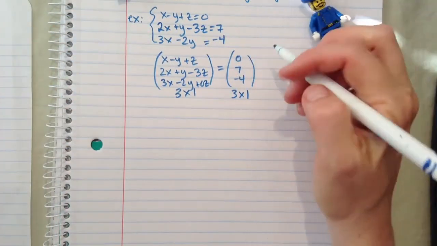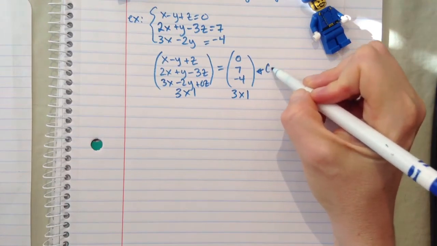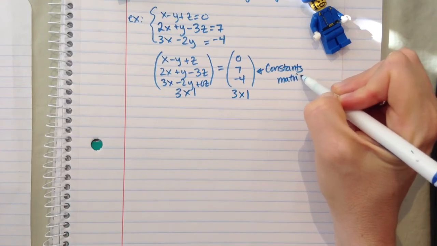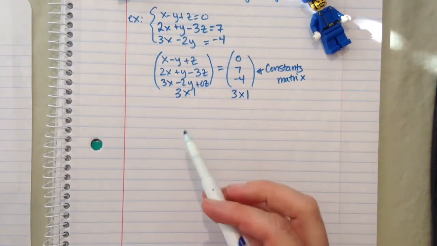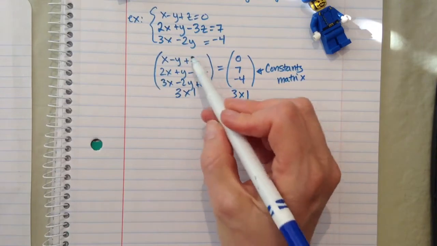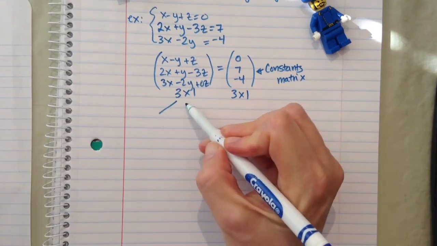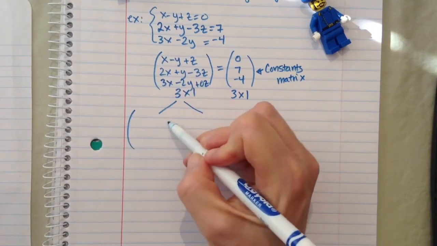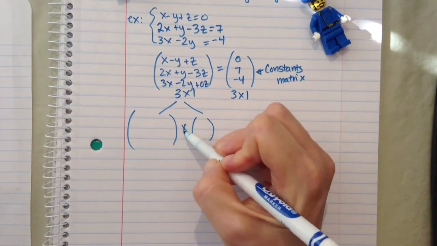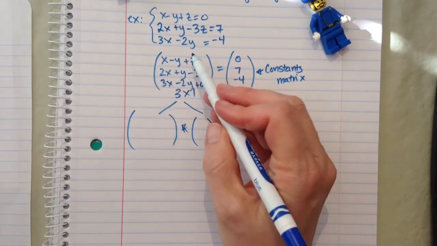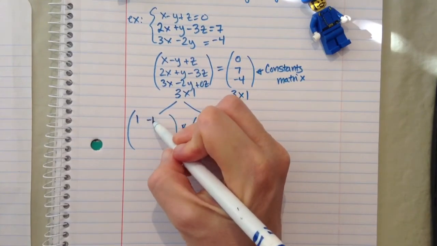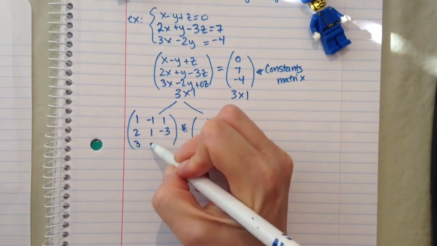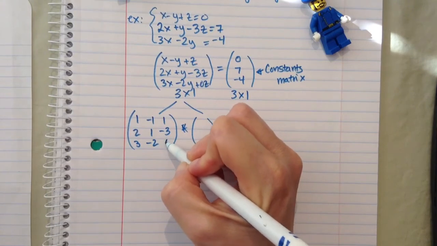Now this one is called the constants matrix because it is the matrix holding the constants of the equations. This side is holding the expressions, and we can actually think of this matrix as the product of two other matrices. One matrix is just the coefficients, the coefficient matrix: 1, negative 1, 1, 2, 1, negative 3, 3, negative 2, 0.